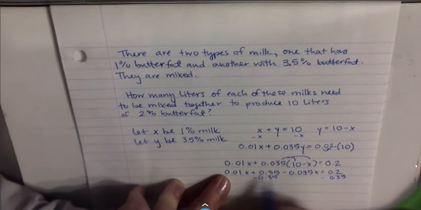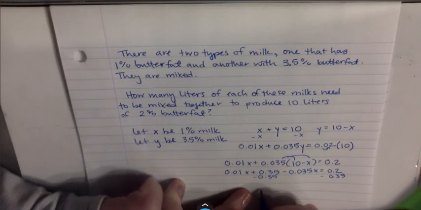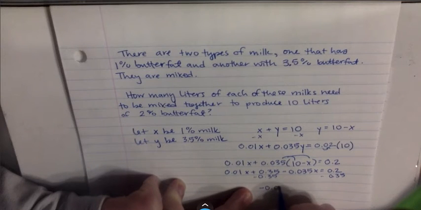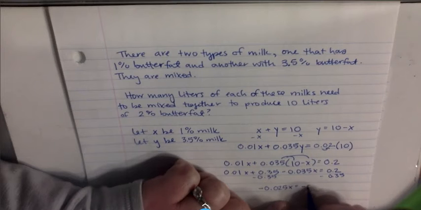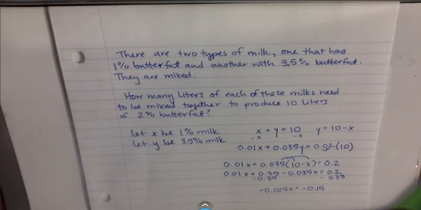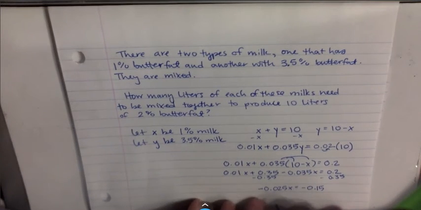And we can also combine these two terms here, so we get negative 0.025x is equal to negative 0.15, and then we can divide those two values. So 0.15 divided by 0.025 is 6.